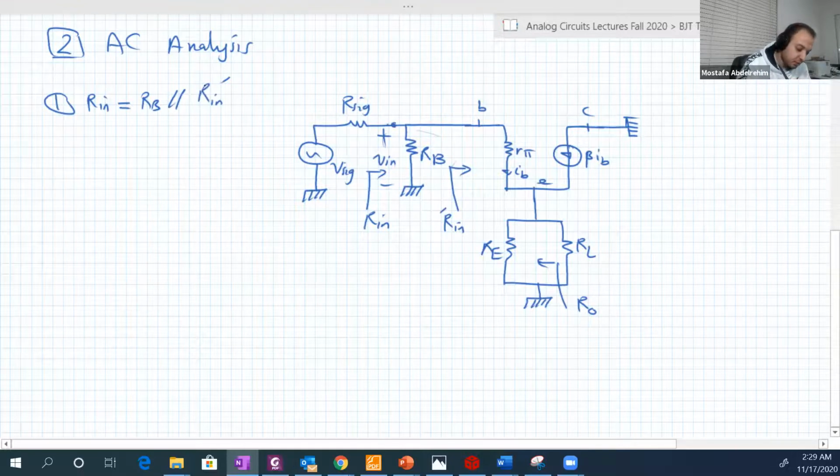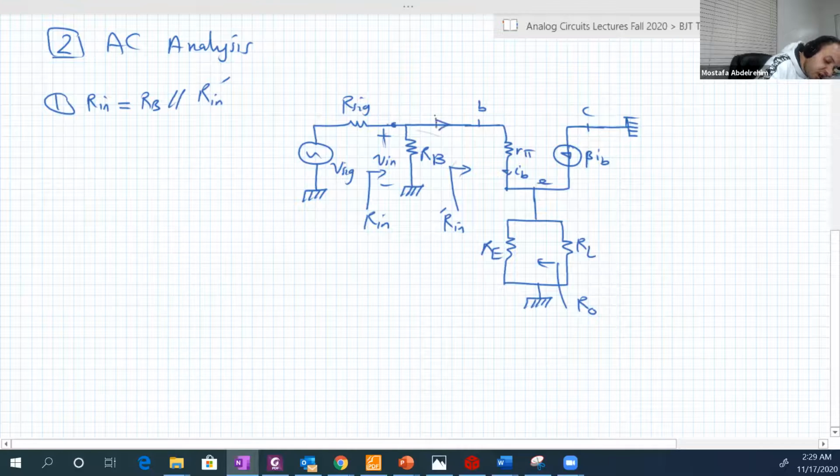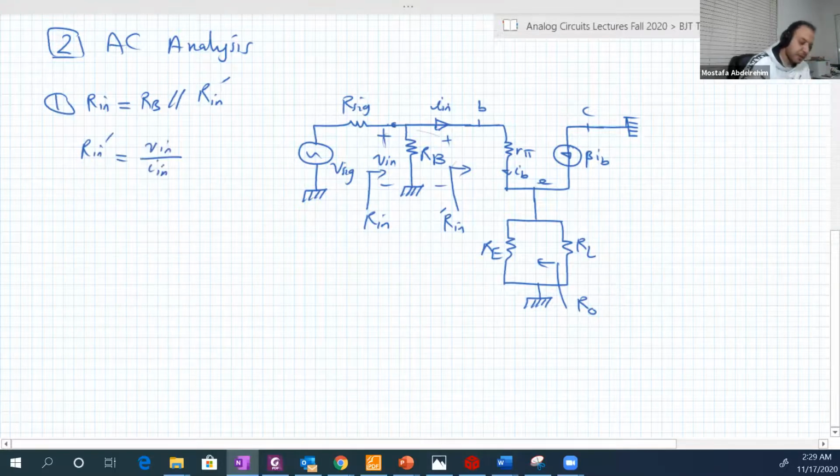Okay. So if we assume this current is called I input, and here is the voltage V input, then R input dash equals V input over I input.